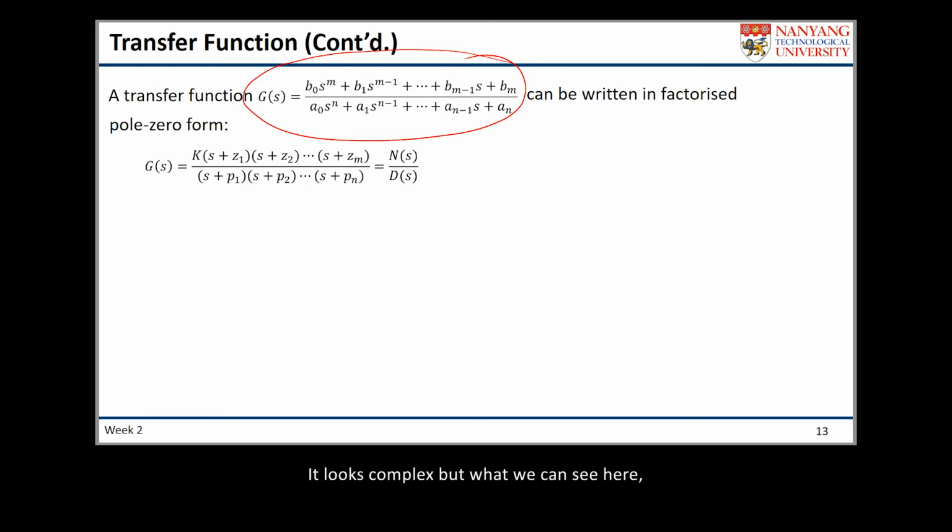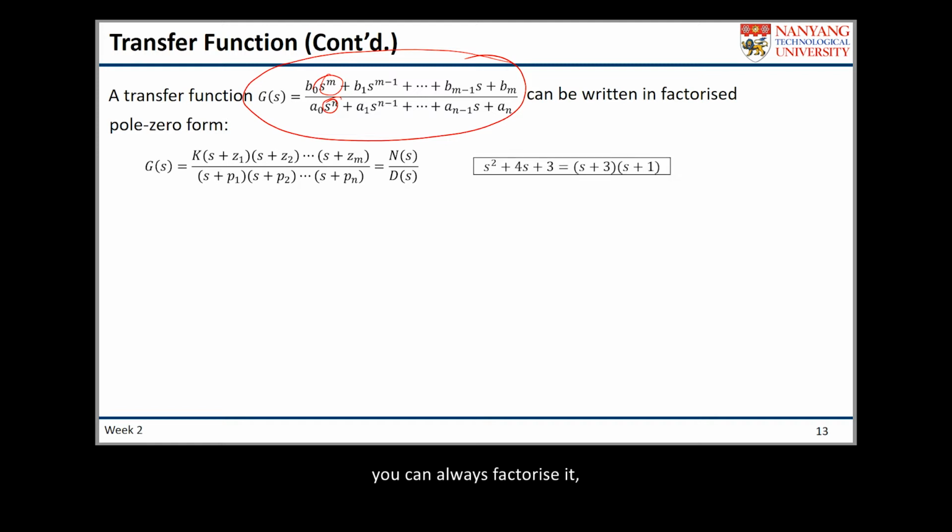It looks complex, but if you look at this transfer function, the numerator appears as an m-order polynomial of s, and the denominator appears as an n-order polynomial of s.